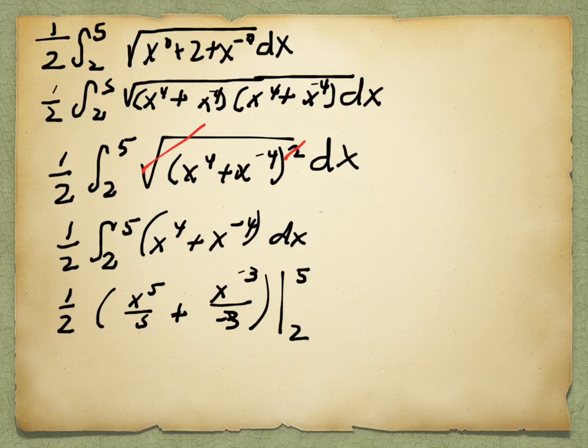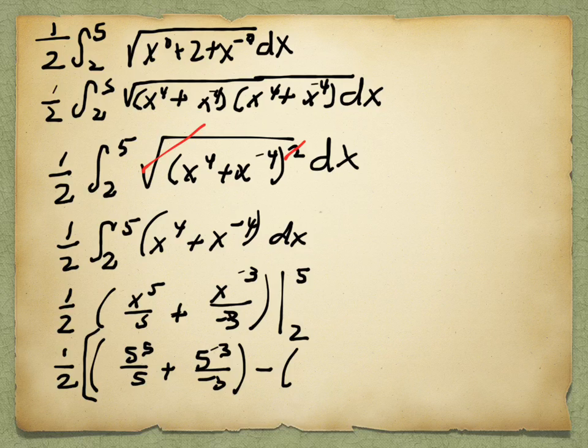So this isn't quite as nice as the antiderivatives that we've been working with recently because we've had a lot of zeros involved, but it's still workable. So I have 1/2. I have 5 to the 5th over 5 plus 5 to the negative 3rd over negative 3. And then I have minus 2 to the 5th over 5 plus 2 to the negative 3rd over negative 3.